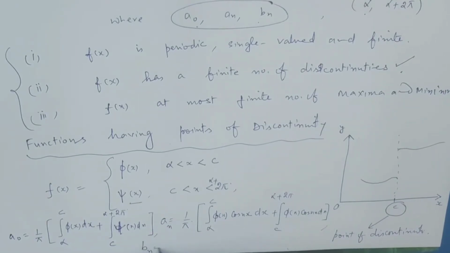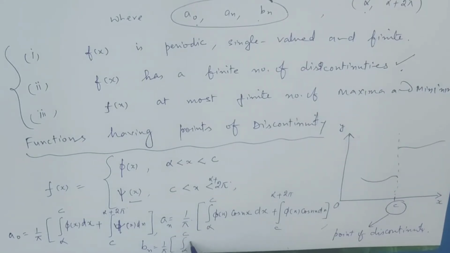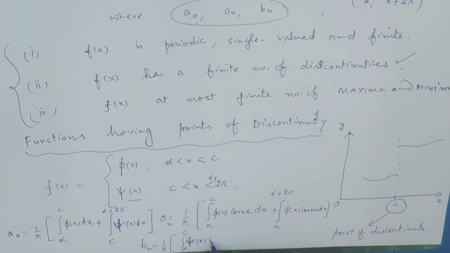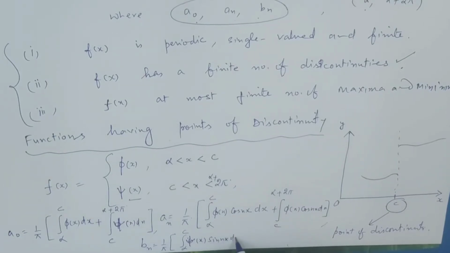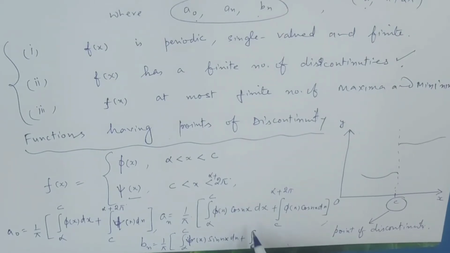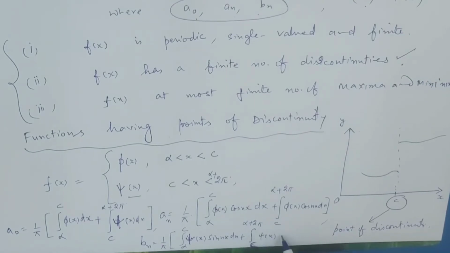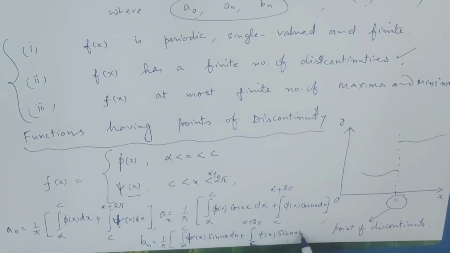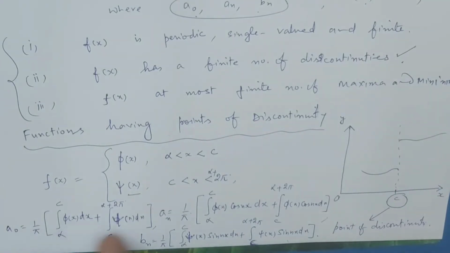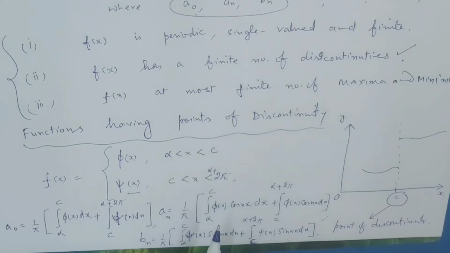Similarly b n is equal to 1 by pi, integral alpha to c of phi x sin nx dx, plus integral c to alpha plus 2 pi of psi x sin nx dx. These are the Fourier coefficients in case of finite point of discontinuity.